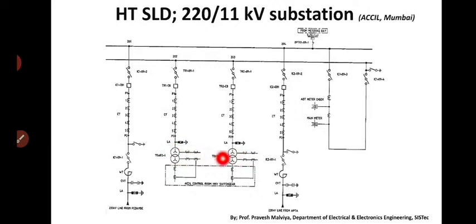So these are the two power transformers. These two power transformers are stepping down 220 kV into 11 kV, and this is that 11 kV control room. So this is the parallel operation of two transformers.